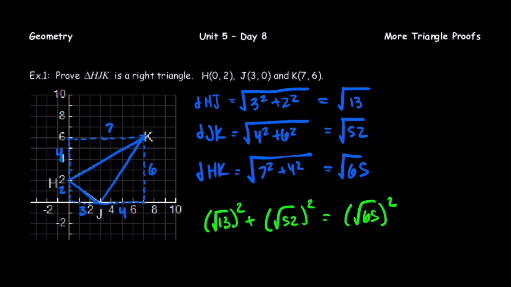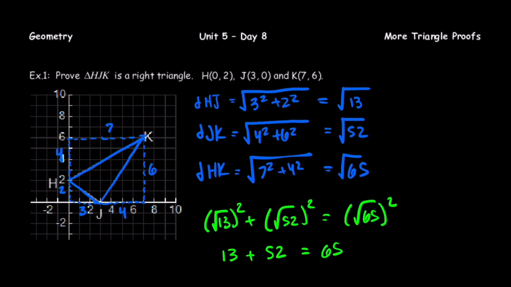Now what happens here, it's kind of neat, is the squared and the square root cancel out. So the square root of 13 squared is just 13. That happens again here: the square root of 52 squared is just 52, and the square root of 65 squared is just 65.